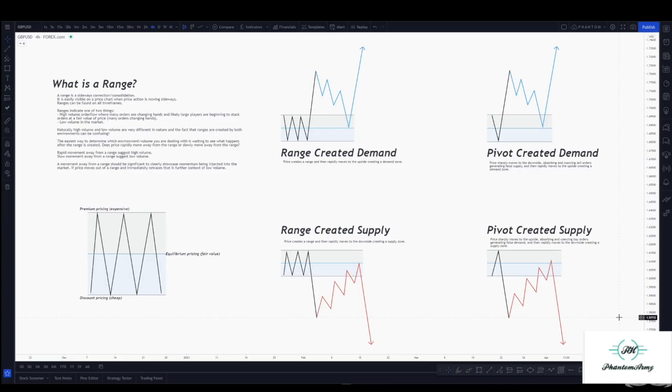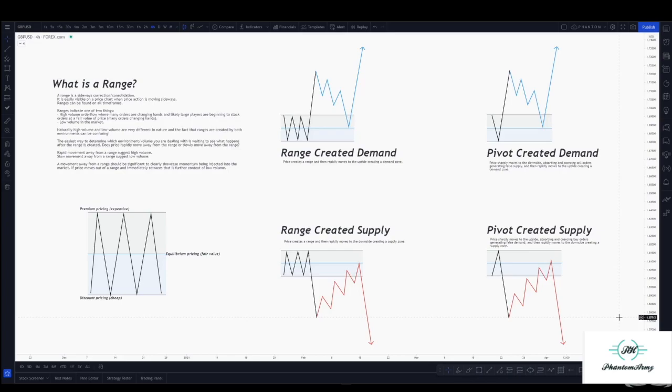Ranges indicate one of two things. One being high volume order flow where many orders are changing hands and likely large players are beginning to stack orders at a fair value and price, which basically means that demand and supply are changing hands quite rapidly, but eventually you do see a large move to the upside or the downside depending on which side of the market is being traded.